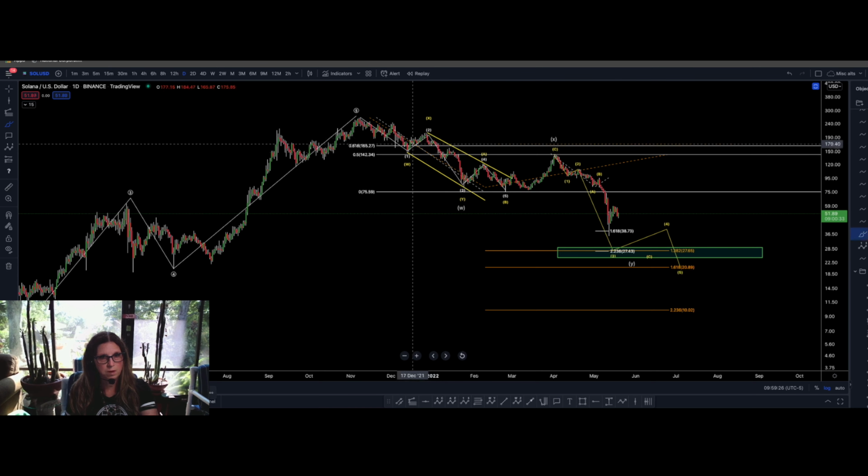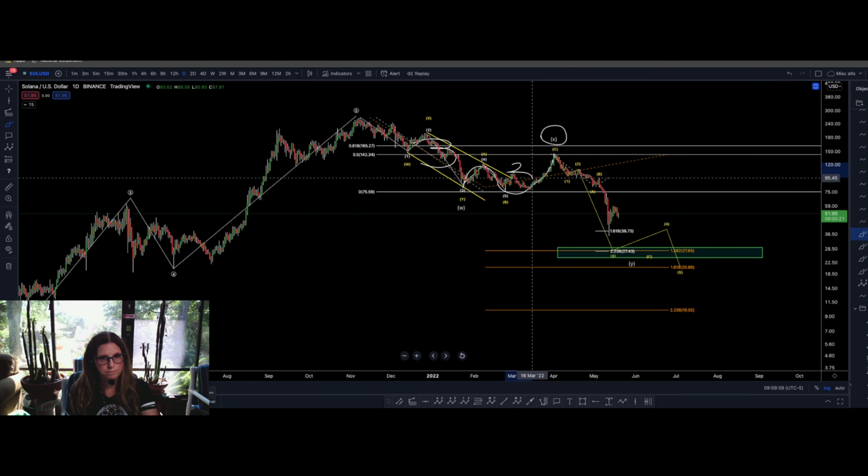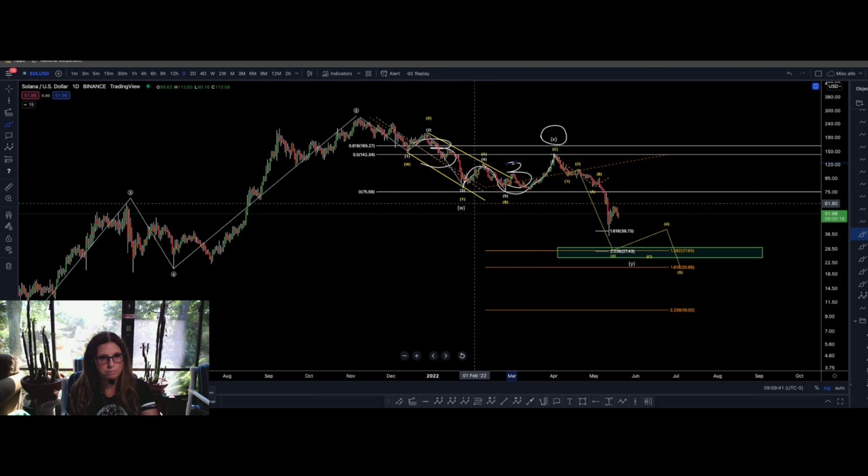That would be a 3-wave move. Then I wanted to say that this whole move was the X wave. 3 waves.